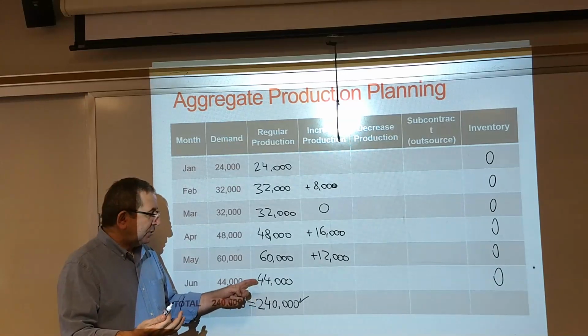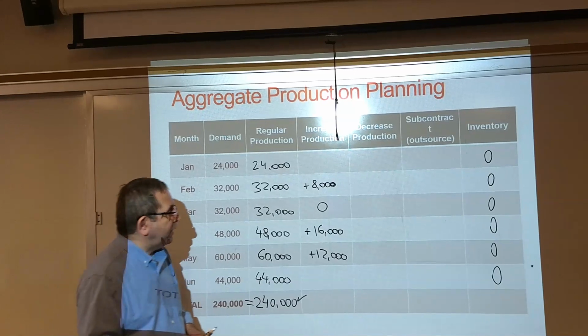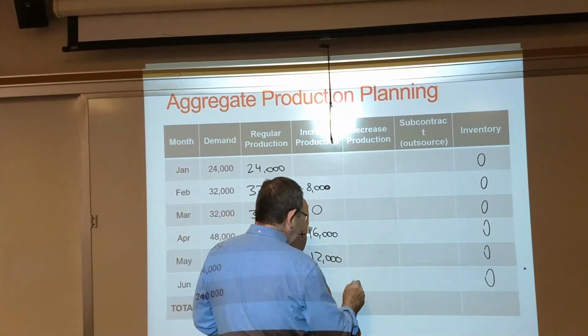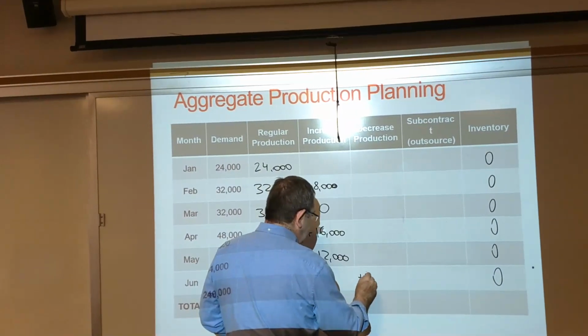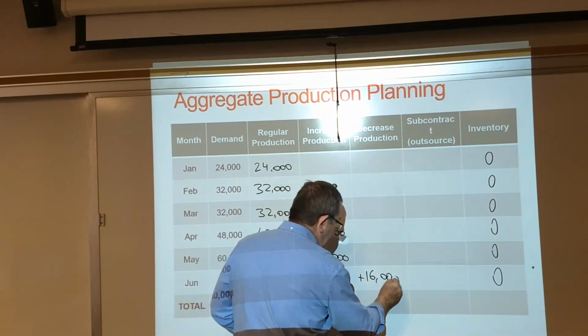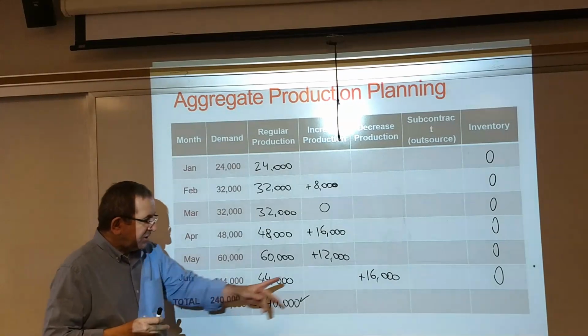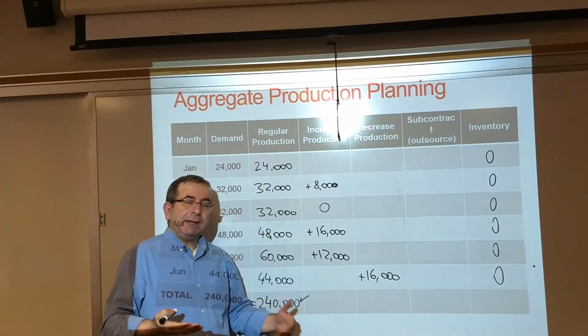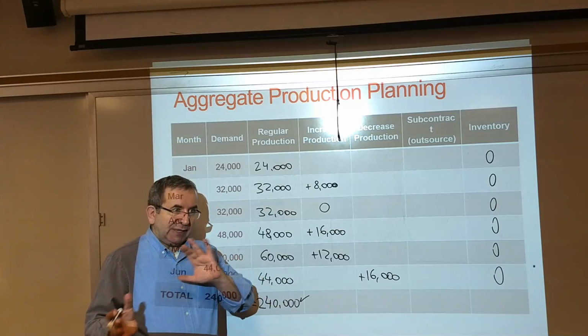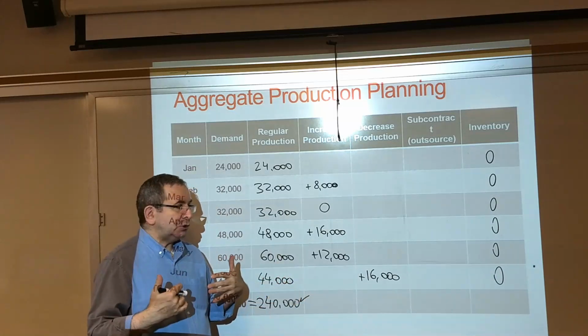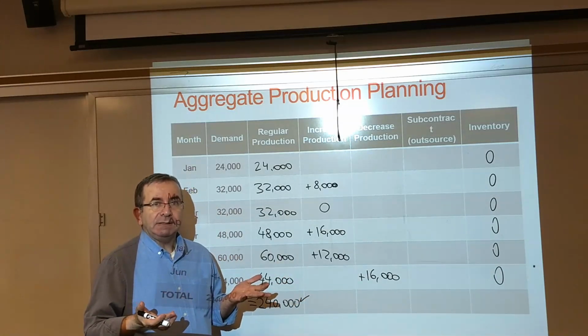So there's also a cost associated with decreasing production. You decrease your capacity by 16 units. Decreasing capacity means you need to lay off workers, and then you need to sell your extra equipment.